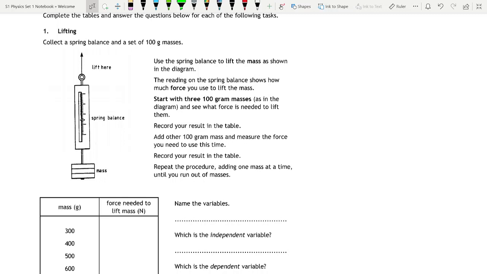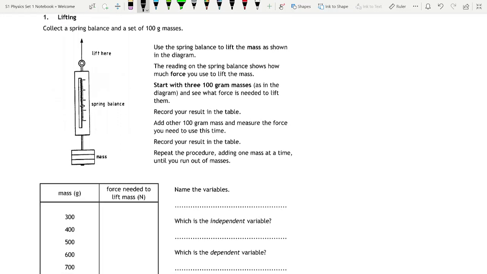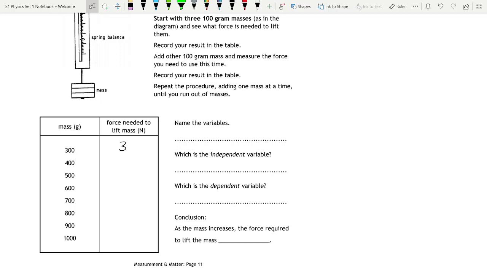You're going to get your spring balance, hang that 300 grams on there, and read off the number that it settles on. Bounce it down a little bit first, so you wait till it settles. I've got it at about 3 there. So I would write down force needed to lift mass 3. But yours might be different, so don't necessarily do what I've done.